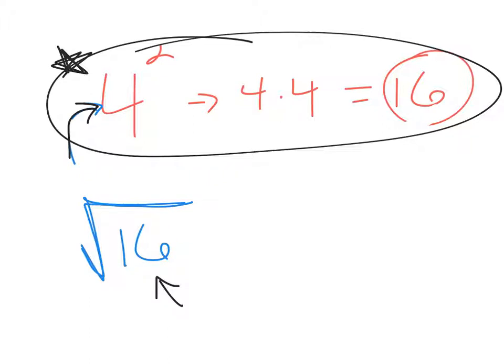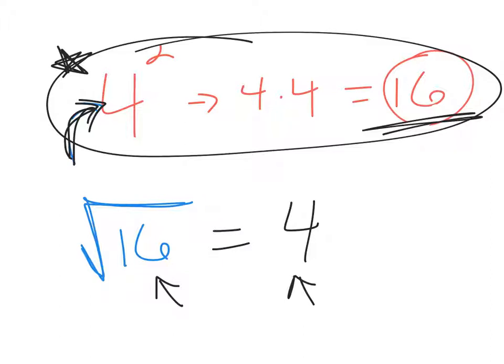Because of the example we just did previously, we know that 4 squared is equivalent to 16. We just saw that answer. So that means 4 is the square root of 16, because it's this number that can be multiplied by itself one time, and that would give me the answer inside that bracket.